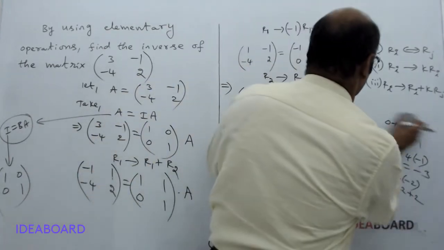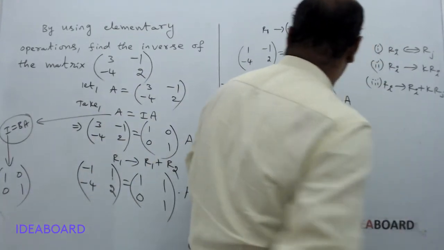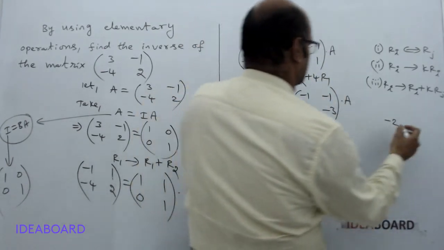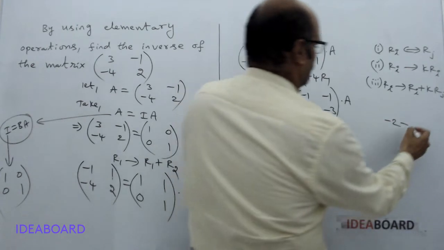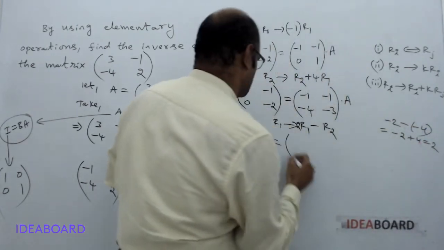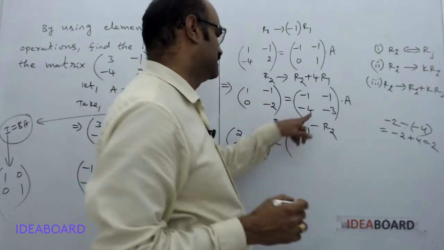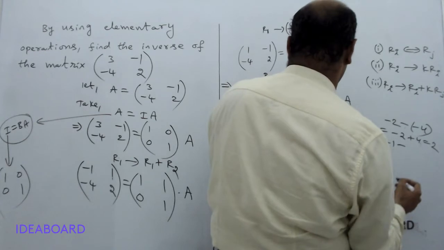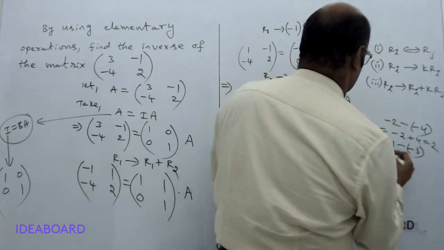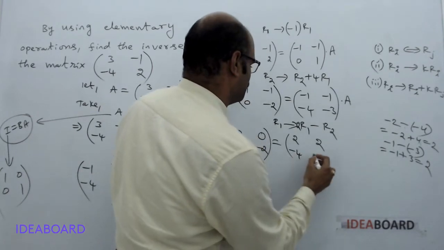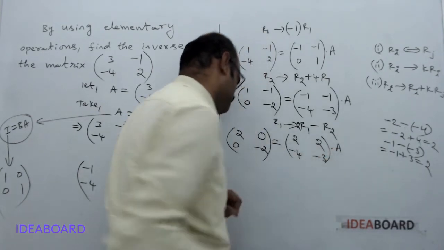When you multiply this one by 2, here we have minus 2 minus R2, you are having minus 4 here. So minus 2 plus 4 equal to 2. So you are having 2 here. Similarly, minus 1 minus R2, you are having minus 3. So minus 1 plus 3 equal to 2. 2, minus 4, minus 3 into A.